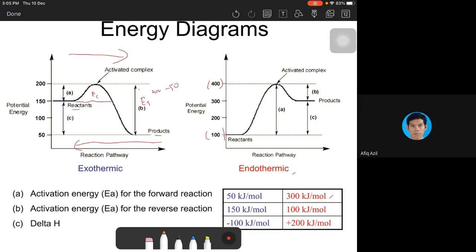While for the reverse reaction, which is 400 minus 300, this is the EA for the reverse reaction. So that's how you get 100. And then the delta H is product minus reactant. So 300 minus 100, you get positive 200 kilojoule per mole.